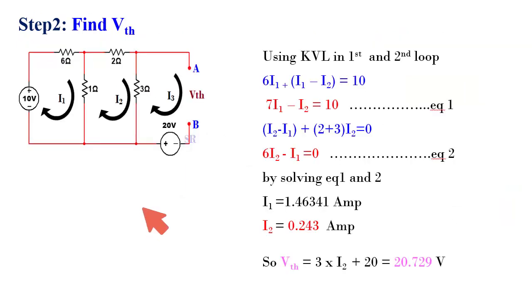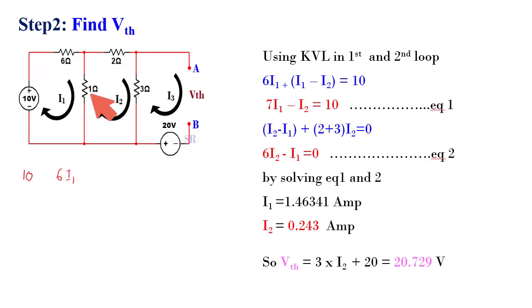Considering mesh analysis in first and second loop. In first loop say current is I1 and second loop say current is I2, considering both are flowing in clockwise direction. I am using KVL in both loops. From first loop, while I am using KVL, summation of this voltage and potential drop across this 6 ohm and 1 ohm will be equal. So 10 volt, potential drop across this 6 ohm is equal to 6 into current I1.